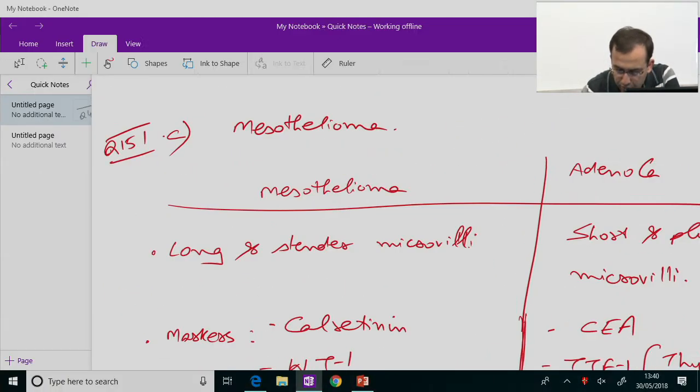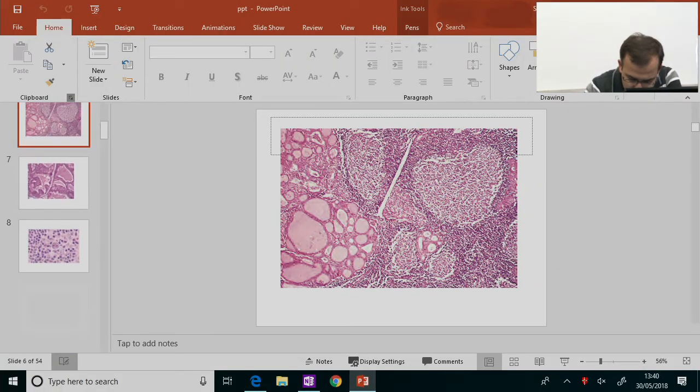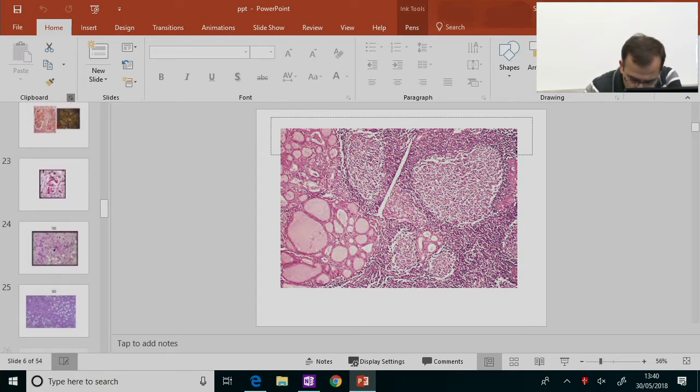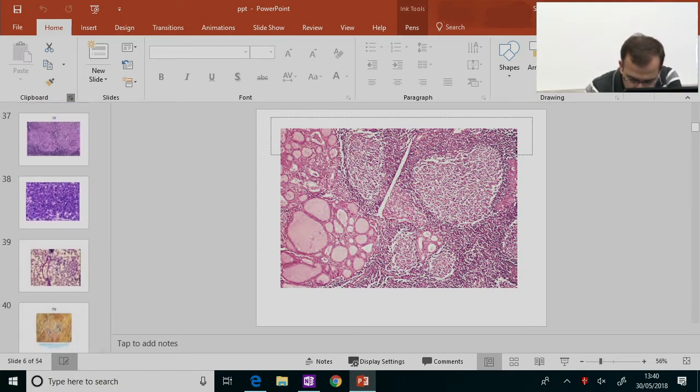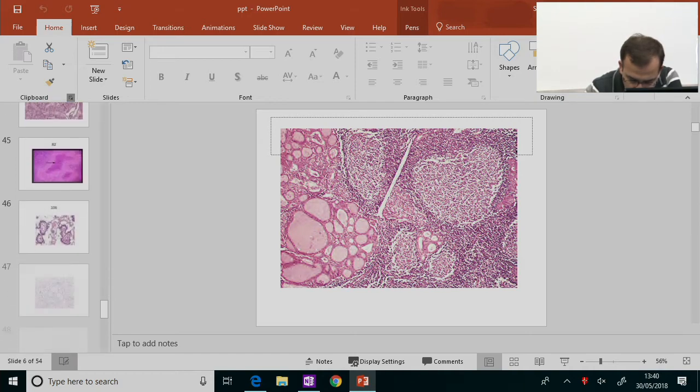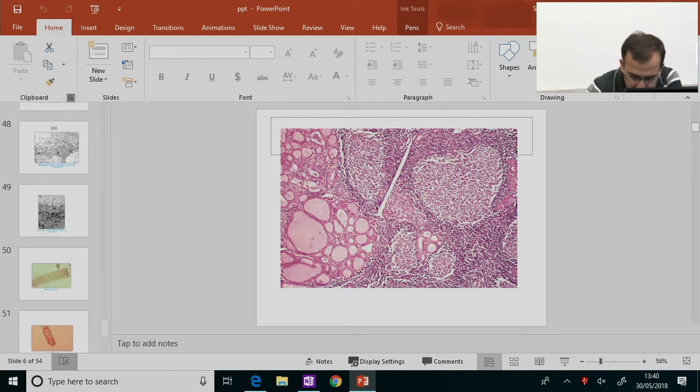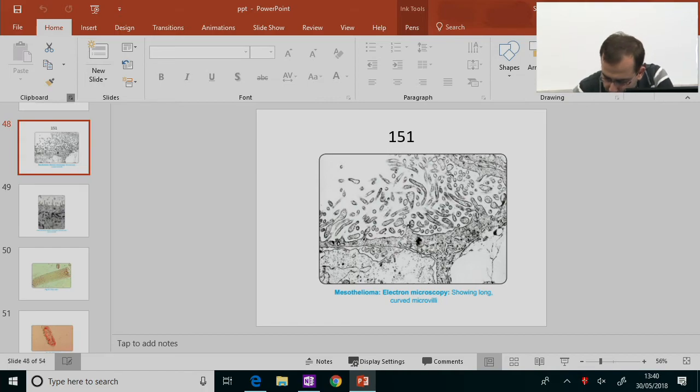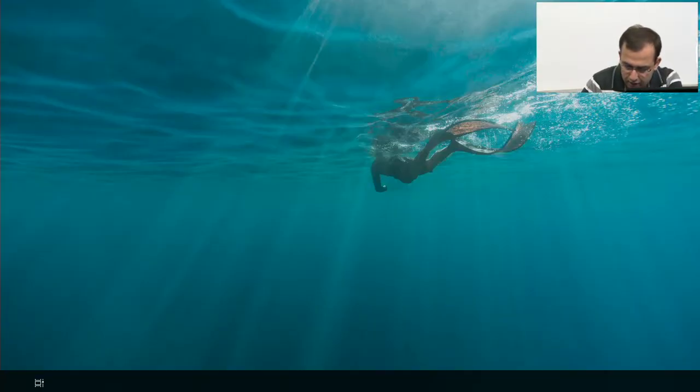So before we go further, let us see what it looks like on electron microscopy. Have a look at this.